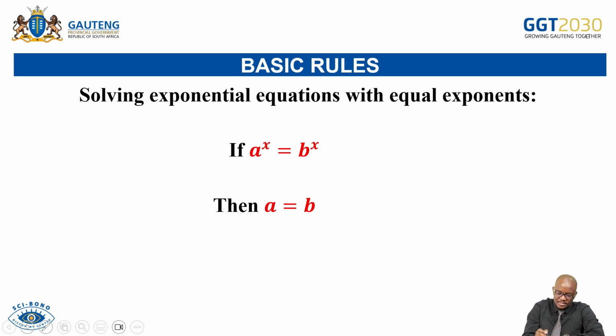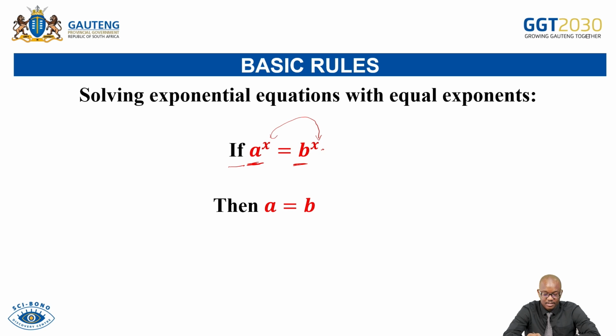If a to the exponent of x is equal to b to the exponent of x, remember, the x in the exponents indicates that the exponents are the same. If the exponents are the same, what you do is equate the base. That's why a is equal to b. Mind you, a can be any number, and b can be any number, or a can be a variable, or b can be a number.